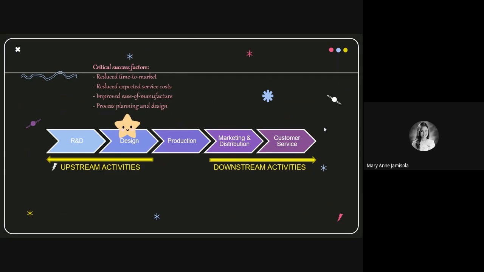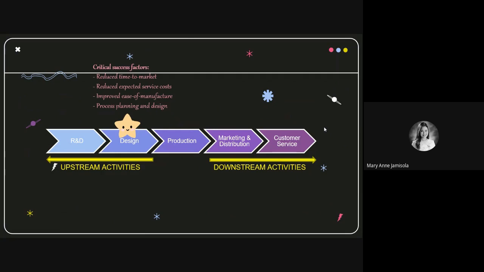Reduced expected service costs: careful, simple design and the use of interchangeable or modular components can reduce expected service costs. When we say service costs, these are those that relate to customer service, the last activity. Then, improved ease of manufacture.